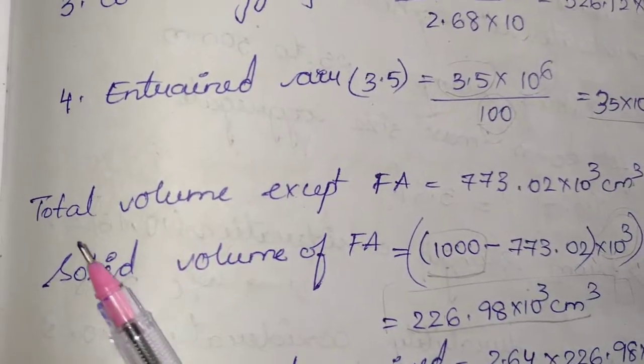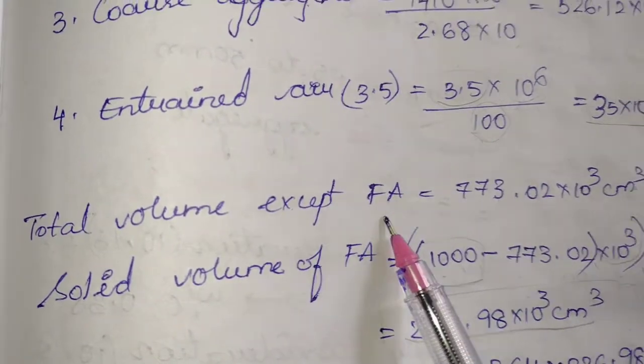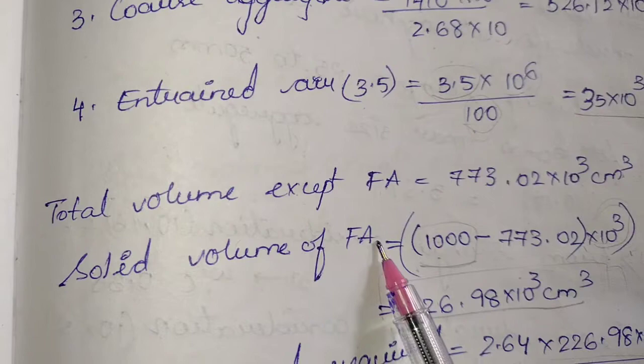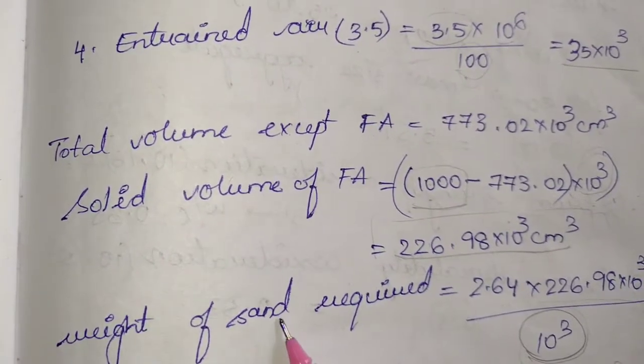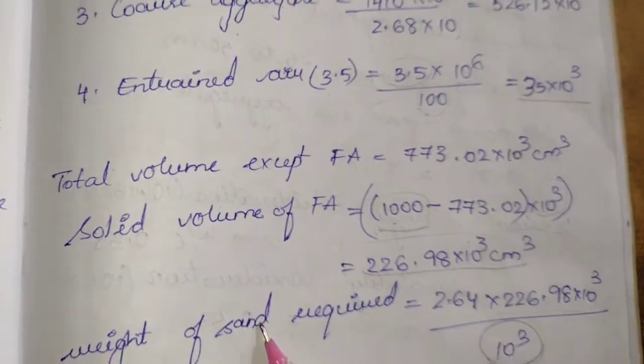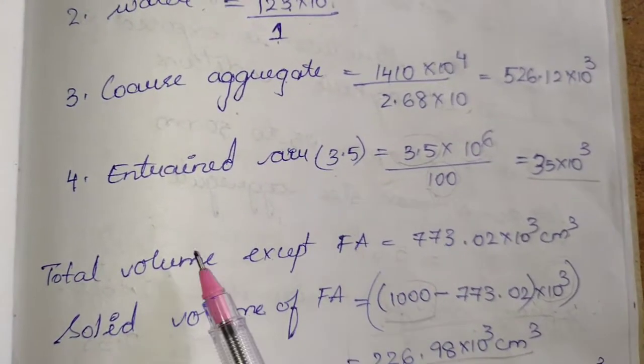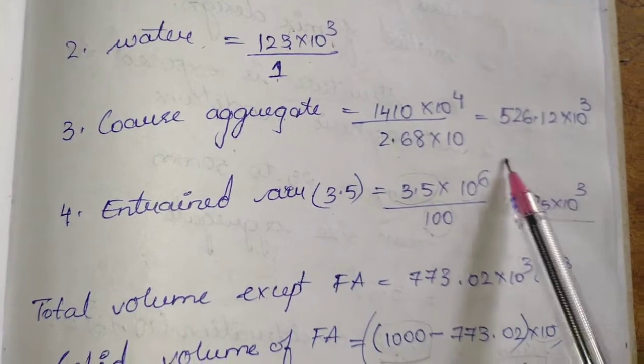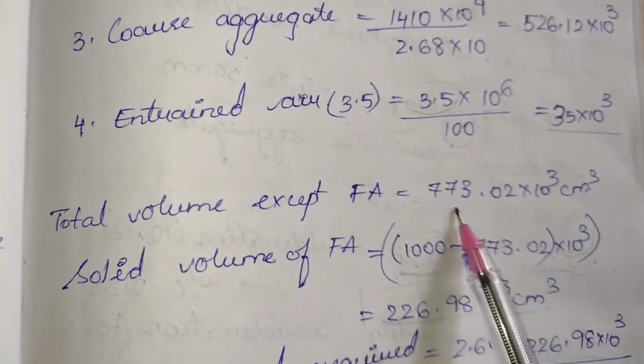So to get the total volume except fine aggregate, we are doing this to find out the volume of fine aggregate, from which we will be calculating the weight of the fine aggregate. First of all we will be adding all this: the cement, water, coarse aggregate, entrained air. We will get this value.